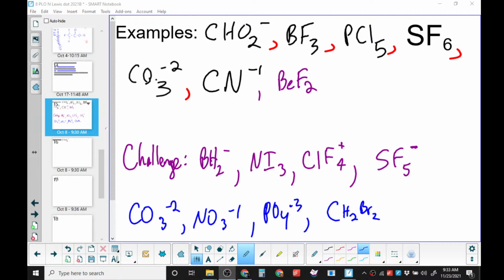Hold it. Where's CO3 -2? Oh! I've put it up there twice. Never mind. So ignore that one. And you're doing ClF4 plus? Okay. That one's been done. Whereas this one was just extra.